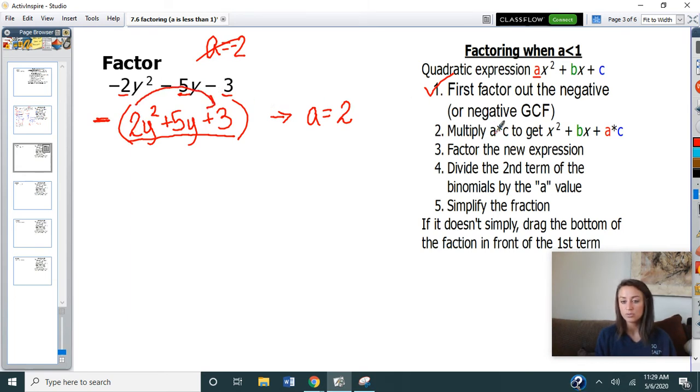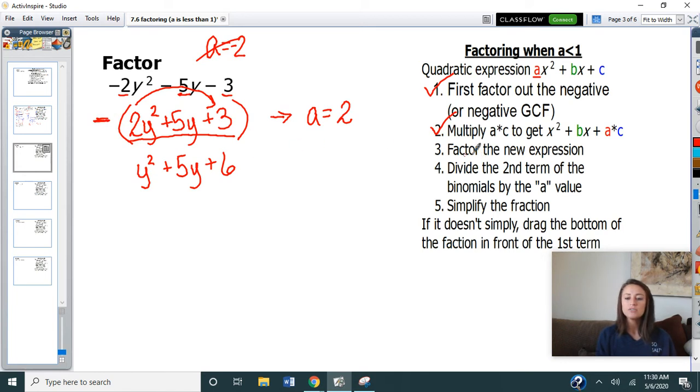That's what this step is. So we get rid of that a, and it's going to be y squared plus 5y. And we're multiplying 2 times 3, which is 6. So step 2 is done. Don't worry about that negative. We factored it out. We'll bring it down at the end.